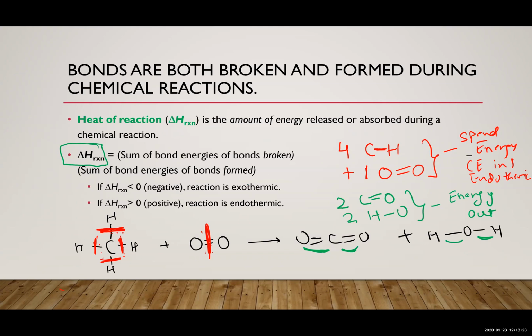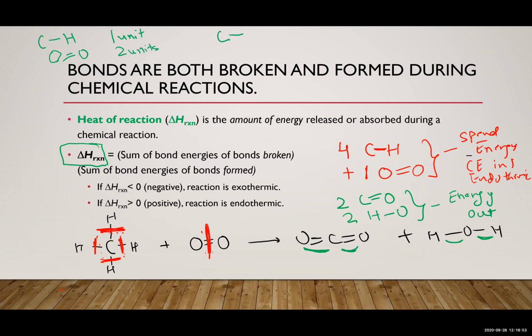Imagine, I'm just giving you some examples, okay? Not true numbers. Imagine in order to break carbon and hydrogen, just random numbers, let's say you need 1 unit of energy to break it. Carbon and oxygen, you need 2 units.